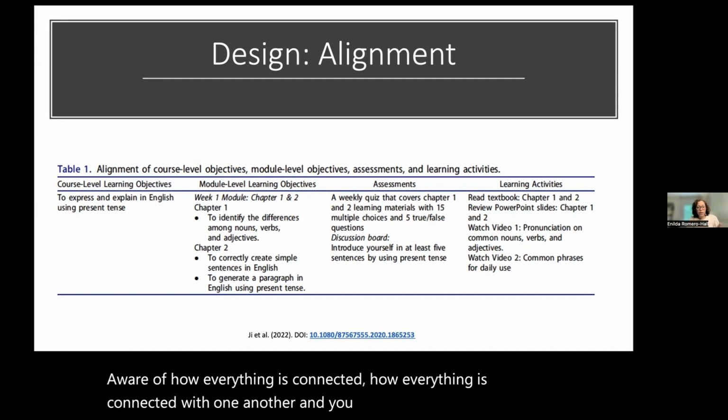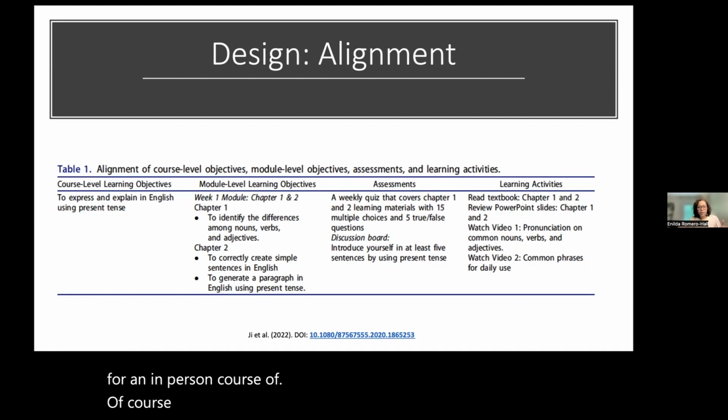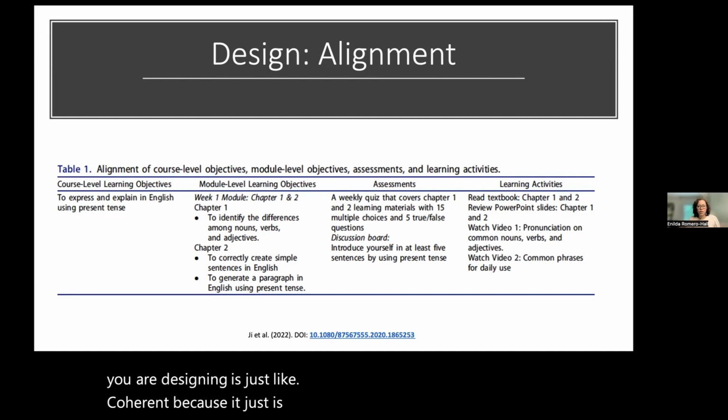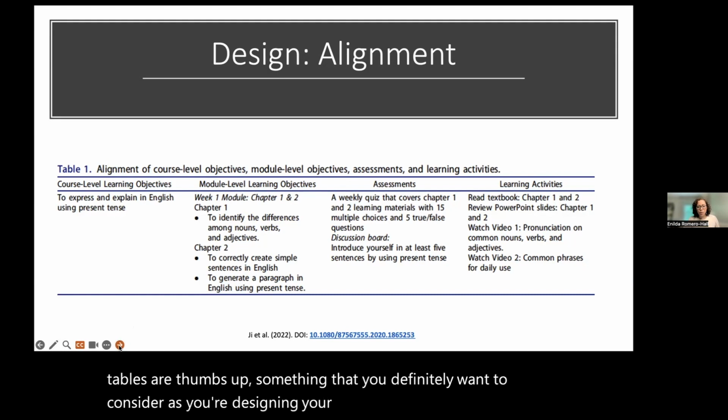And you can create an alignment table for an in-person course, of course, but creating it for an online environment, it just provides a level of organization and awareness of how everything that you are designing is coherent, because it is connected to one another. So alignment tables are, a thumbs up, something that you definitely want to consider as you are designing your online course.